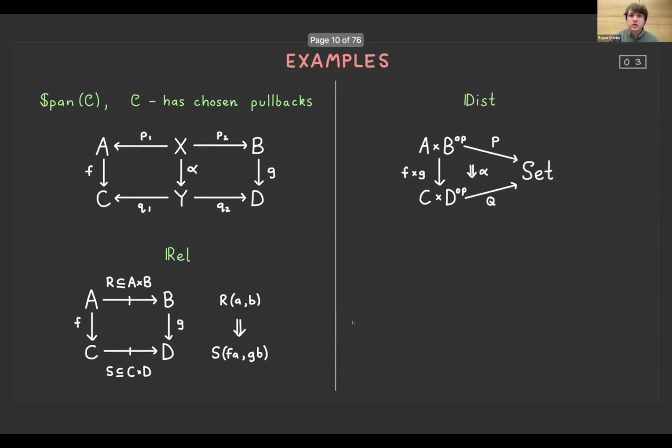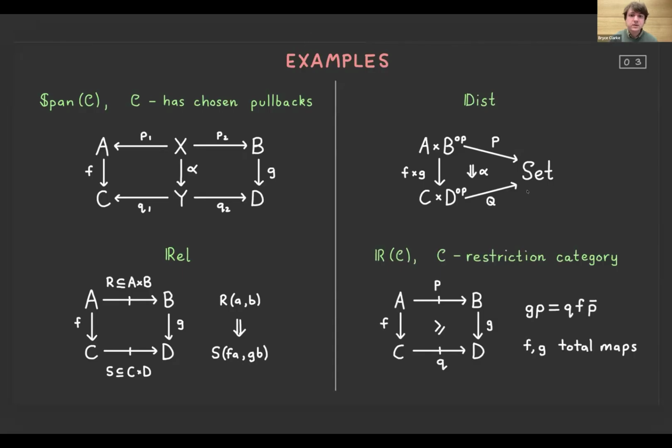Okay. Another very important example is the double category Dist. Here the objects are categories, the tight morphisms are functors, and the loose morphisms are distributors, or profunctors, or bimodules. So a distributor from A to B is a functor from A times B^op into Set like this, and the cells are just natural transformations of this form. Okay.